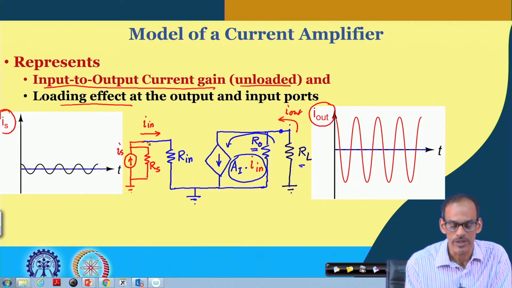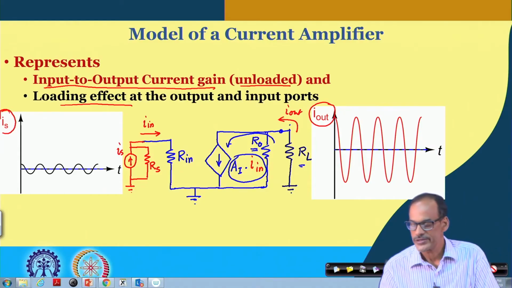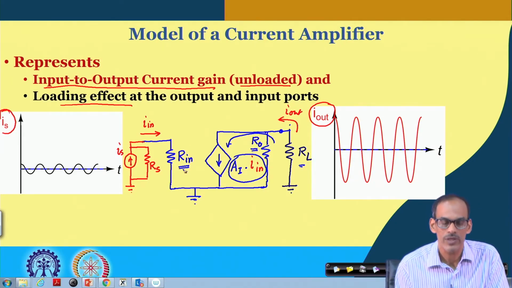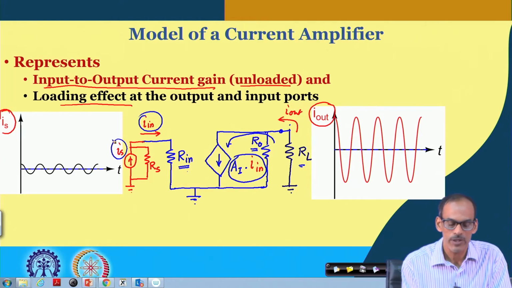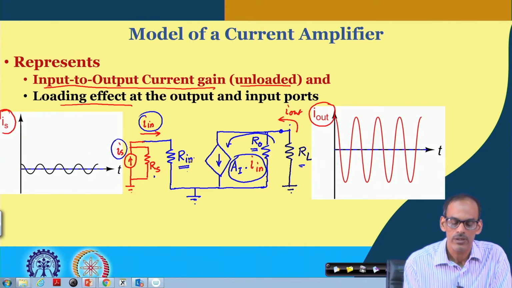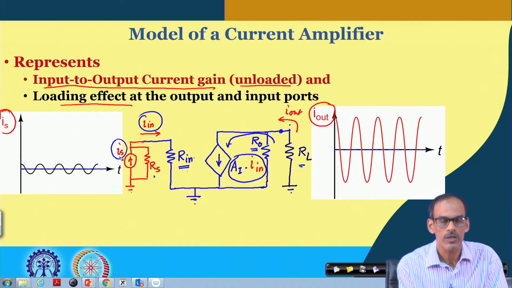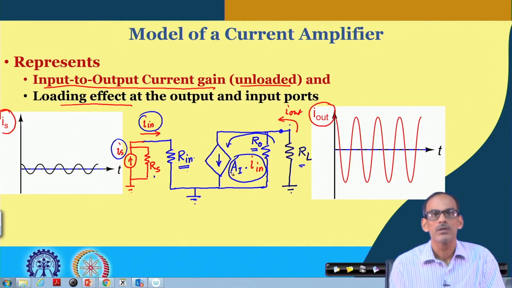The moment we connect it here, the entire current will not flow here, because this R in is practically non-zero. So, the current I in coming to the circuit will be only a fraction of this I s. Depending on the relative values of R s and R in, this I in may be a significant part or a small part of it, but whatever it is, this I in produces the internal current A I times I in.